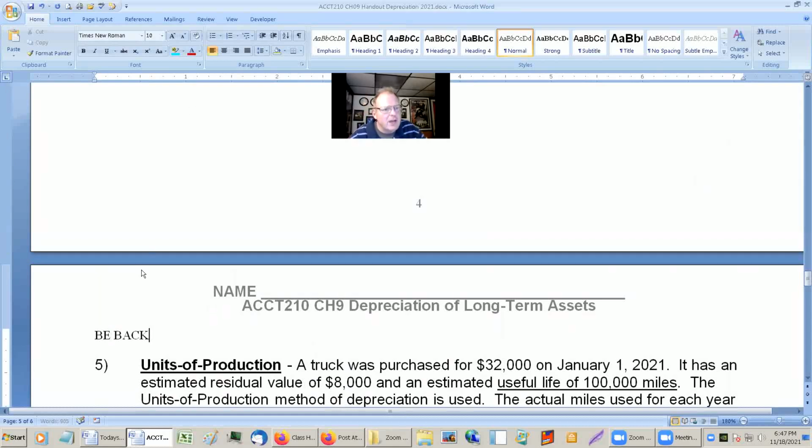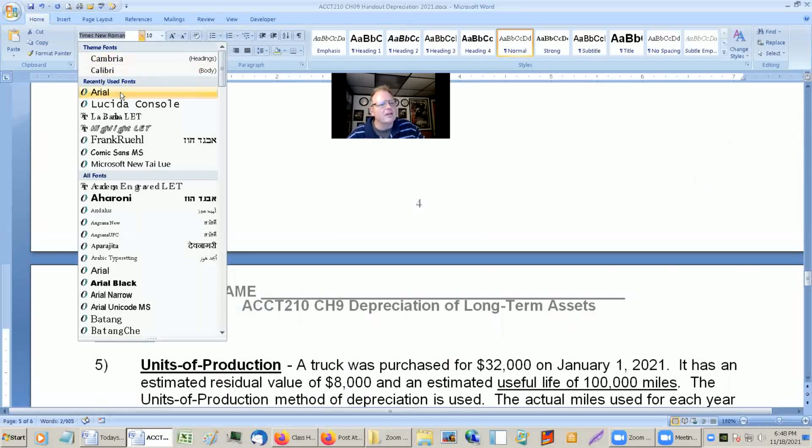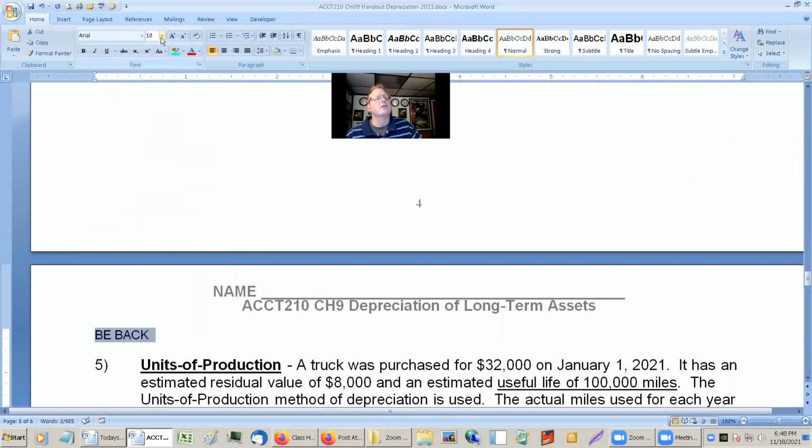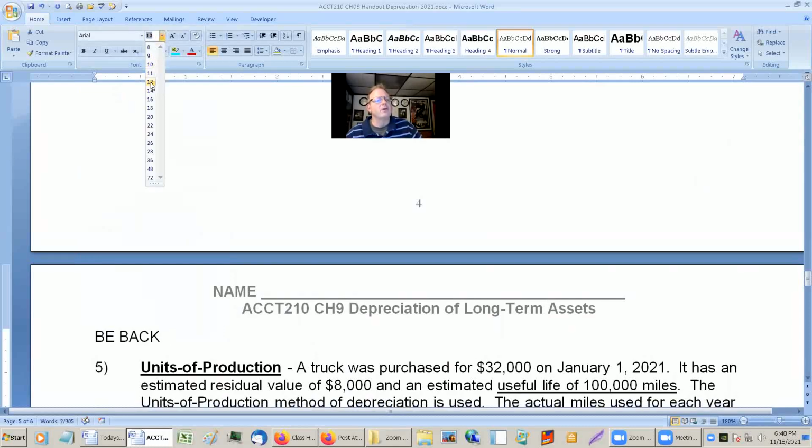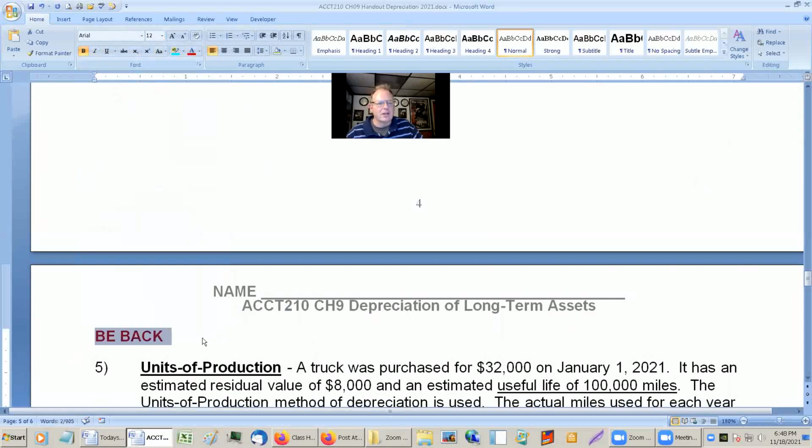Look at this, it's going to Times New Roman. Why does it keep doing that? I must have cut and pasted something in there that was Times Roman many moons ago or something. It's like a ghost, it keeps coming back. Be back at what, 6:48? 7 o'clock. Very good, 7 o'clock. Thank you.